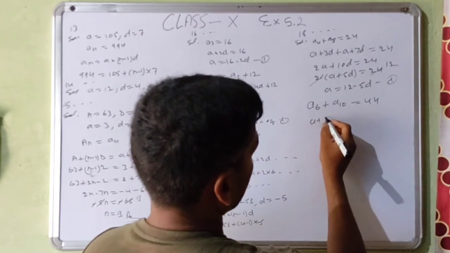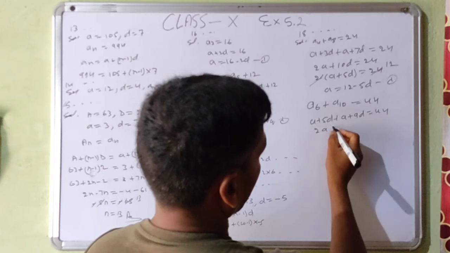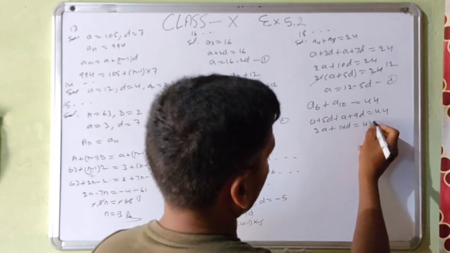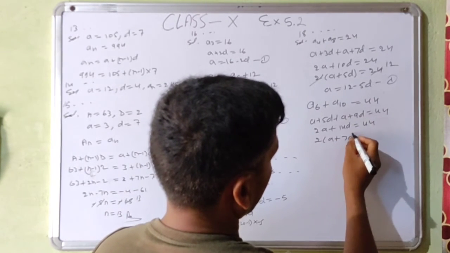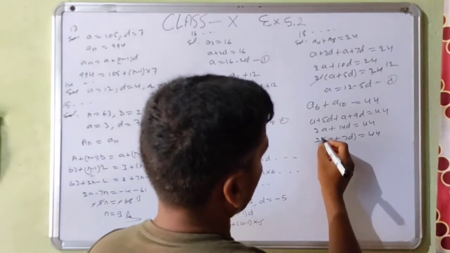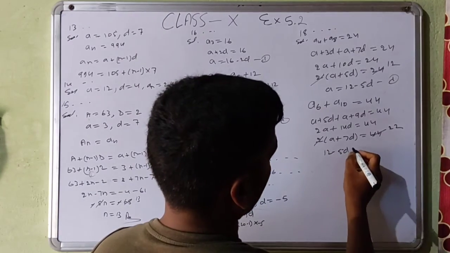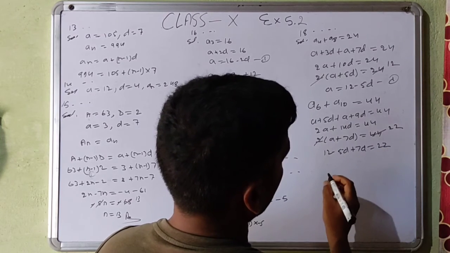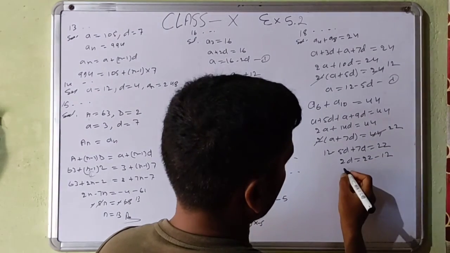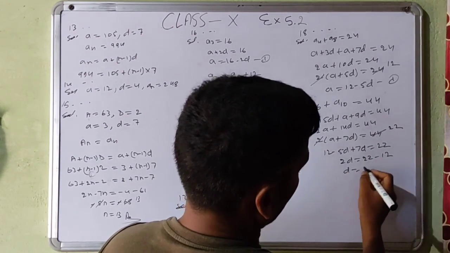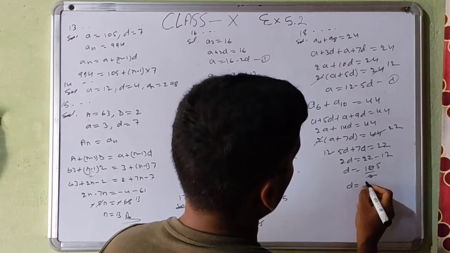A plus 5D and A plus 9D is equal to 44, that is 2A plus 14D is equal to 44. 2 can be taken common, so A plus 7D is equal to 22. So A value is 12 minus 5D plus 7D is equal to 22, and then 2D is equal to 22 minus 12, that will be 10, so D is equal to 5.